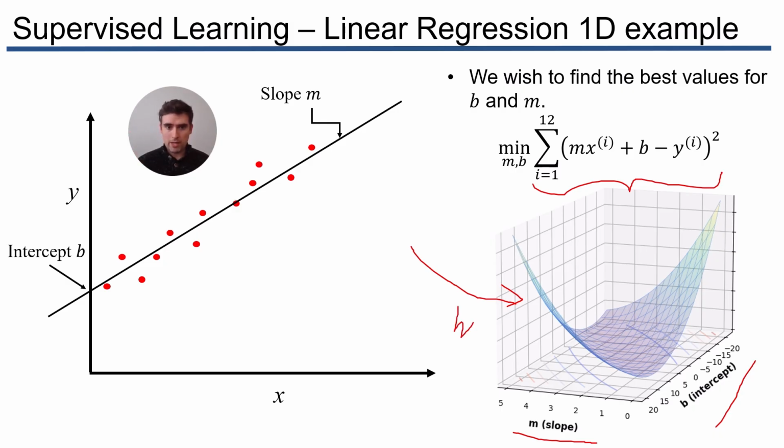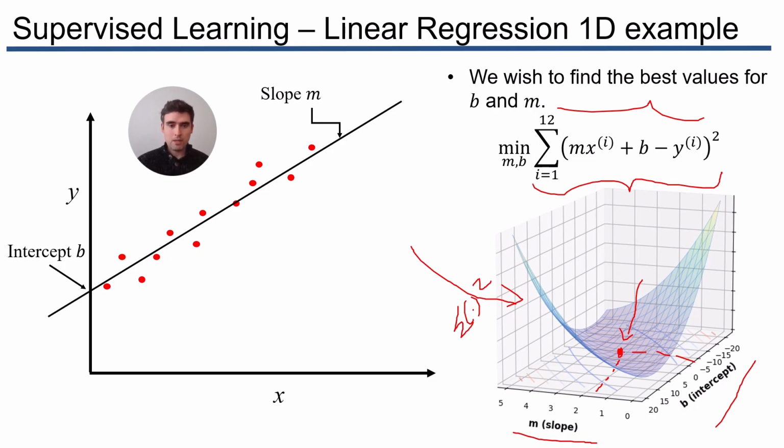Here on the y-axis I have the least squares problem, and how this changes with the slope m and the intercept b. And what I want to find is the optimal m, so this point here, the minimum of this curve, which would give me the slope m and the intercept b that would minimize this objective function value over here.